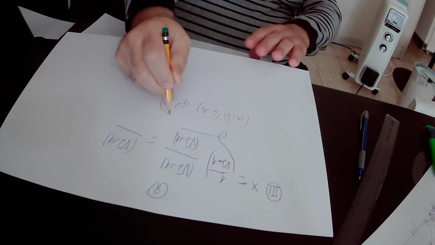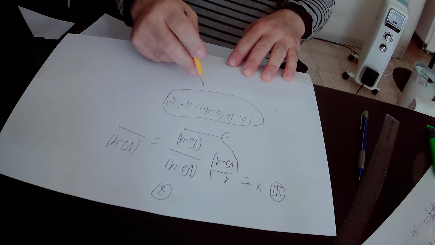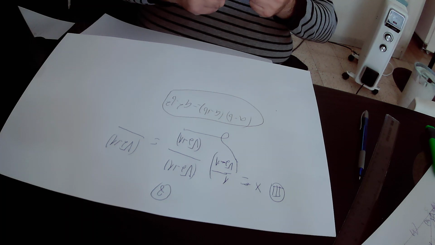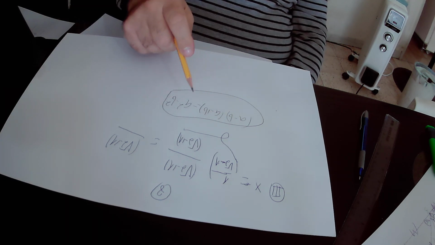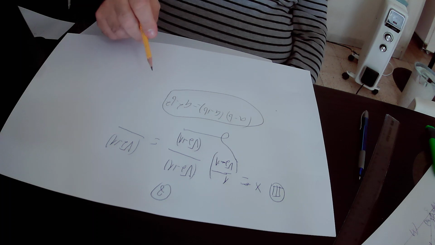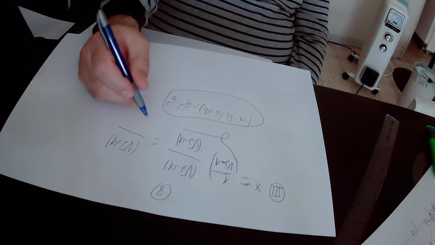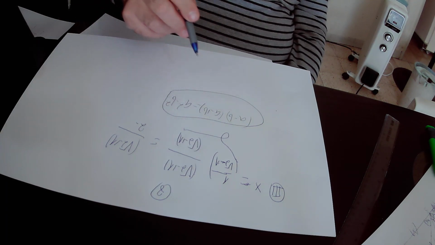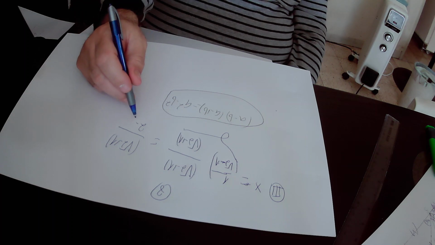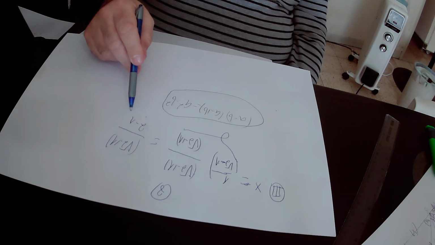So according to this algebraic identity, we will get that this expression, the square root of 2 minus 1 times the square root of 2 plus 1, will be equal to the square root of 2 squared, that is 2, minus 1 squared, that is 1. So in total, this expression equals 2 minus 1, that is 1.